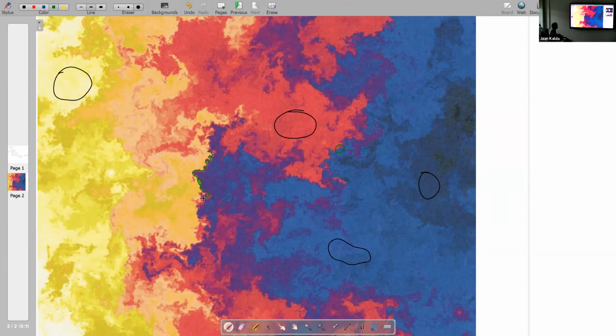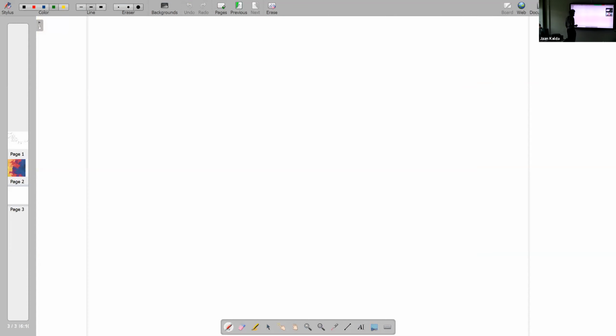Now, mathematically, this is an object which has been described historically using the so-called structure function. What is the structure function? We consider temperature at a certain point and temperature at another point, so T at r and T at r plus a.